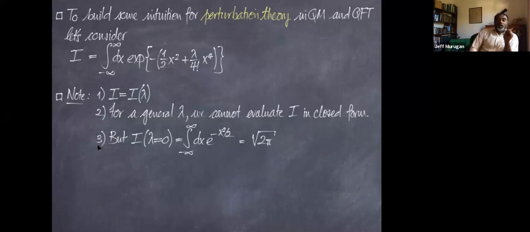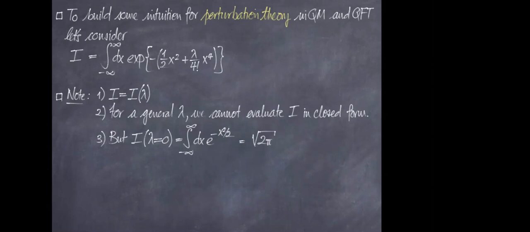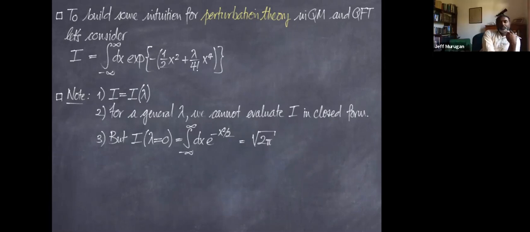So we know what this integral is for at least one value of lambda. Is everybody with me? Yes. Okay. So the question then is, how do we even approximate I of lambda for various values of lambda?